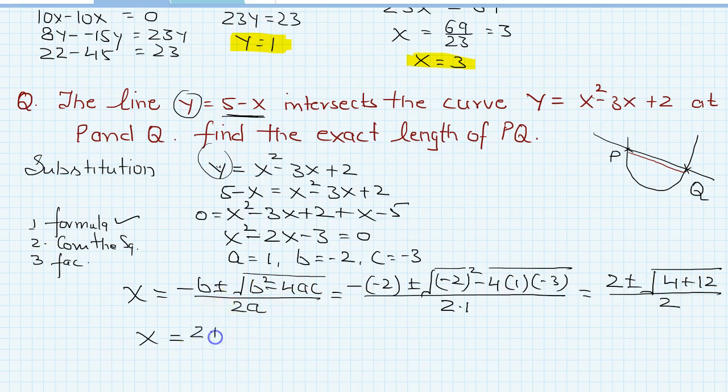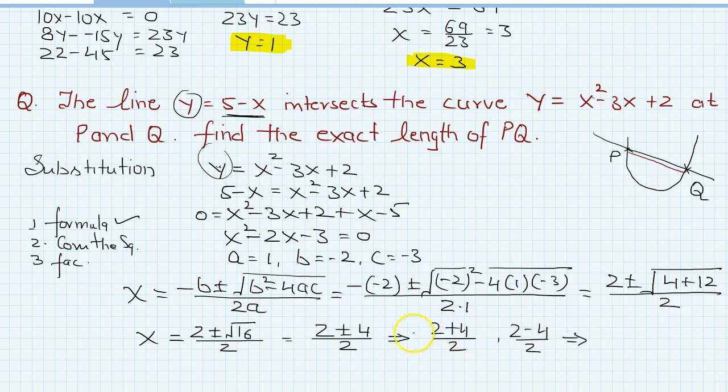So x will be 2 plus minus root 16 over 2. And we know that root 16 is 4. So 2 plus minus 4 over 2. So this means 2 plus 4 over 2 and 2 minus 4 over 2.